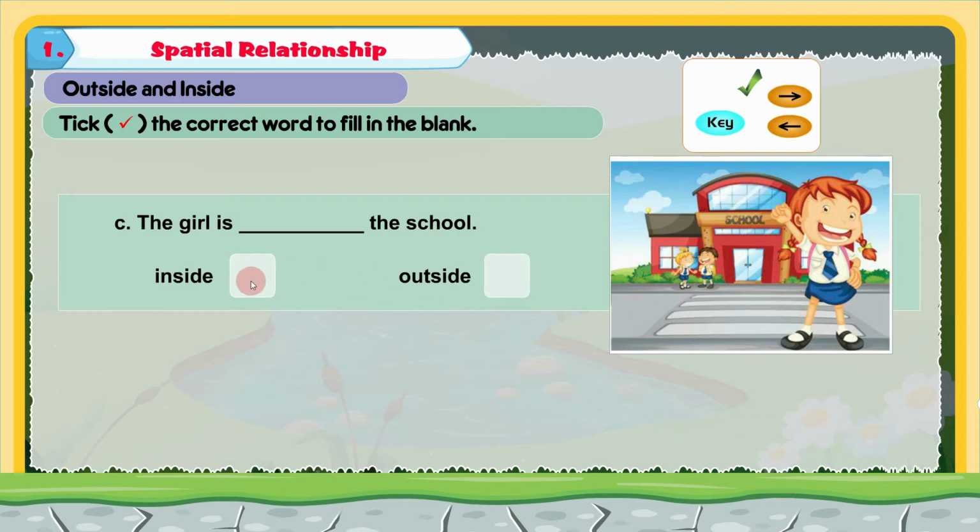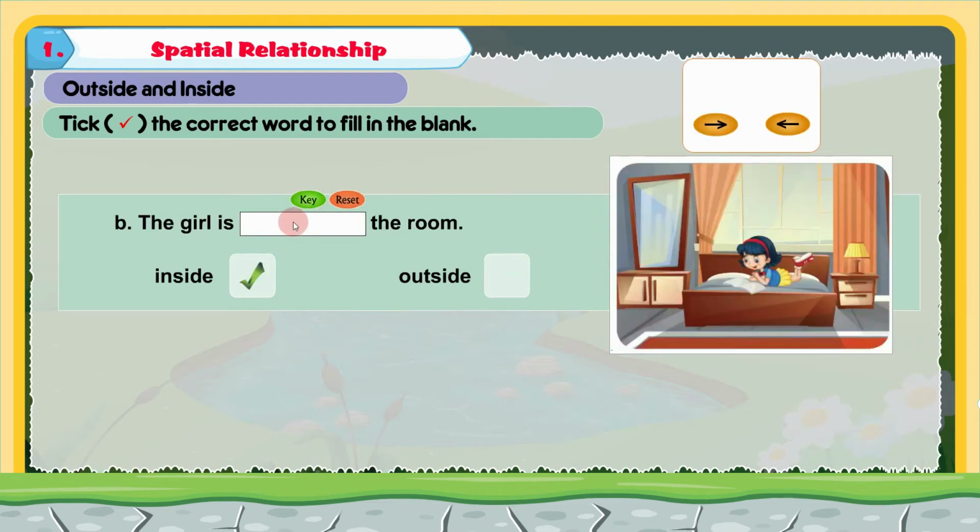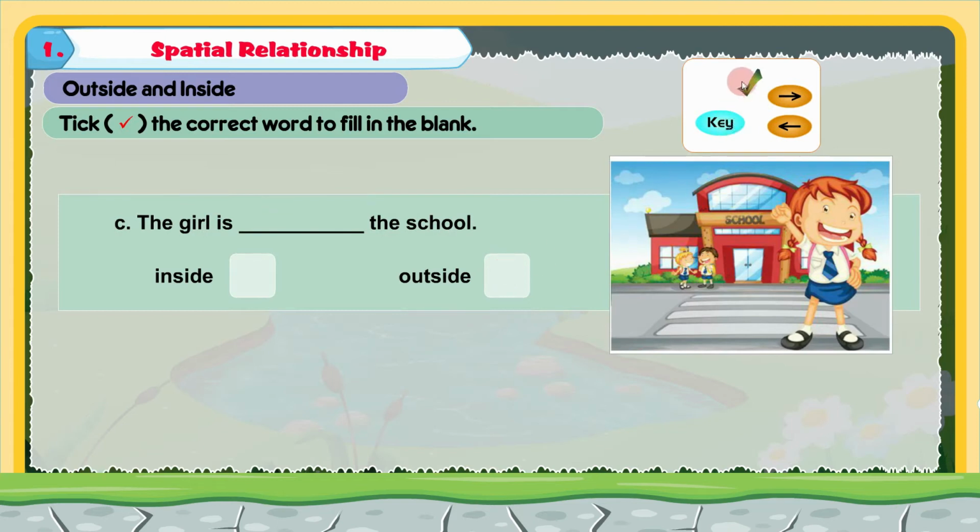So we will tick the box of outside and write the answer here as outside. The girl is outside the school.